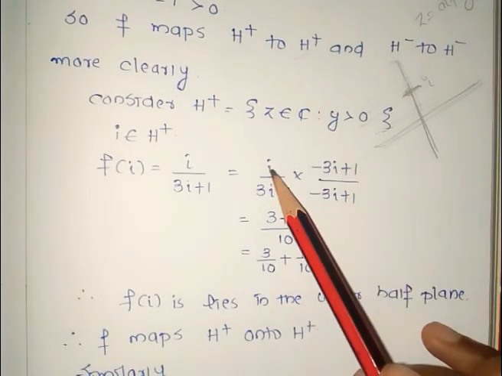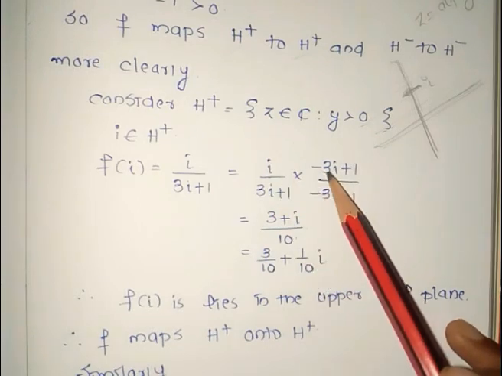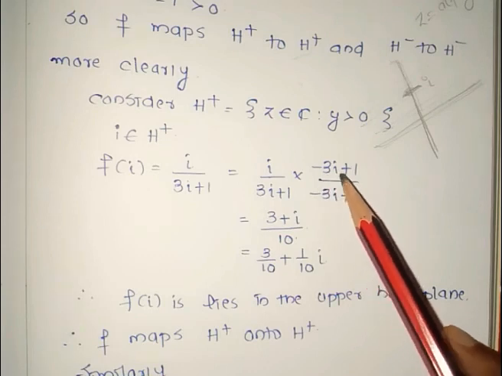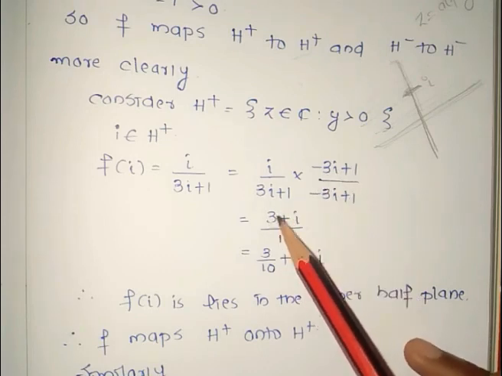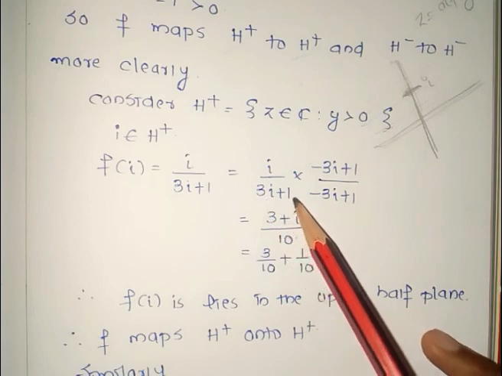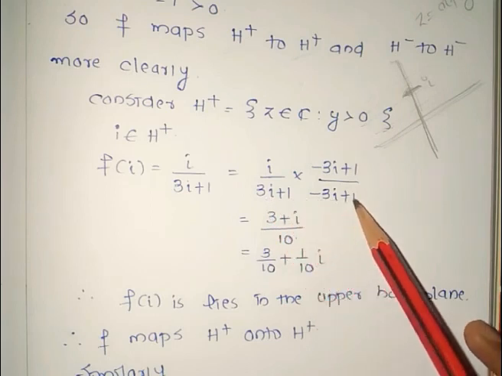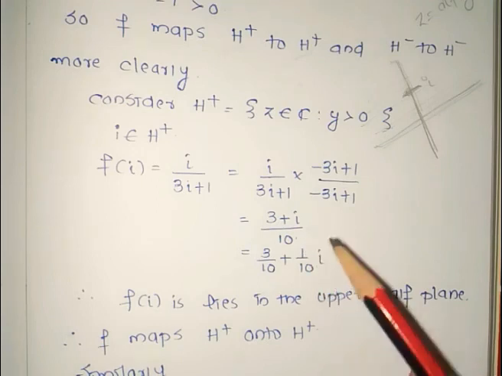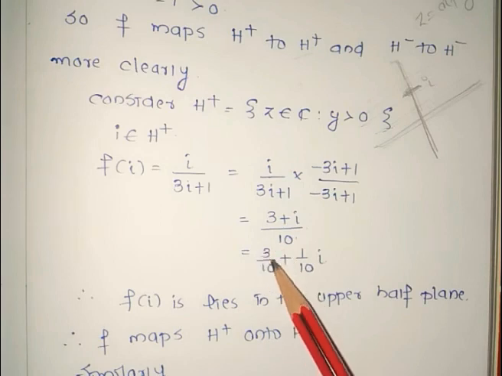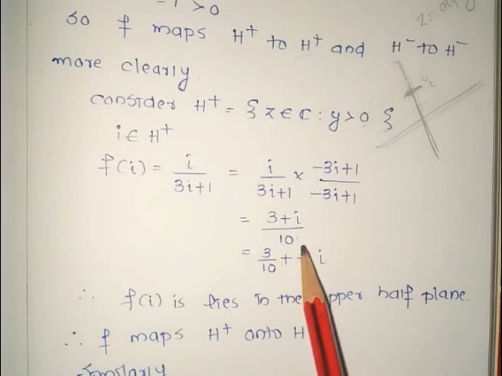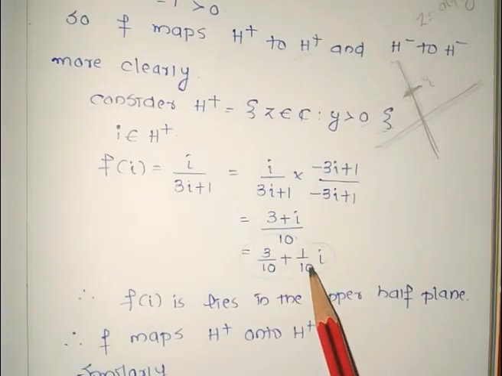When we multiply I into minus 3i, we get 3, because I square is equal to minus 1, and 1 into I, so the numerator is 3 plus I. And 3i plus 1 into minus 3i plus 1 is equal to 3 square plus 1 square, which is 9 plus 1, equal to 10. So we get f of I equal to 3 by 10 plus 1 by 10 I.